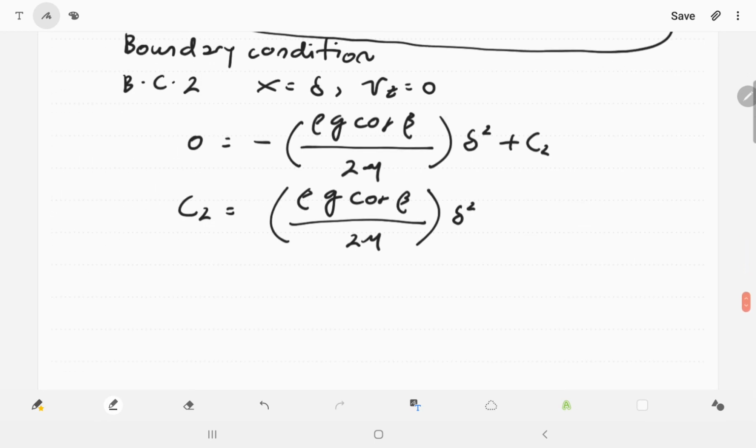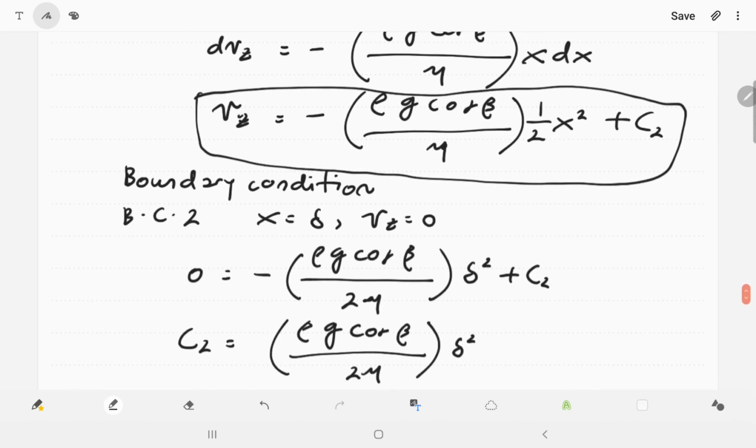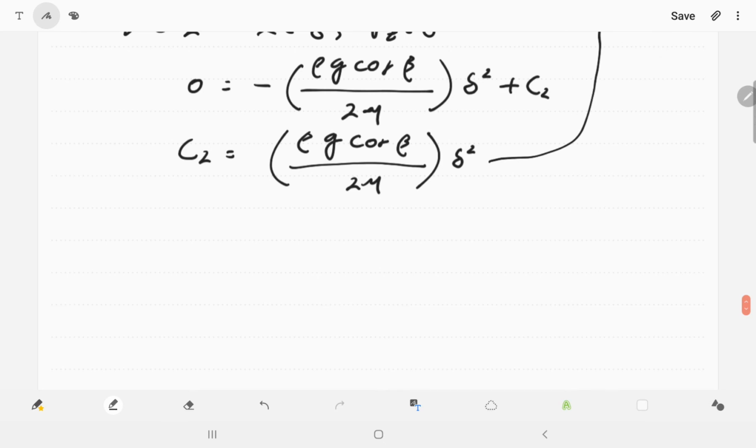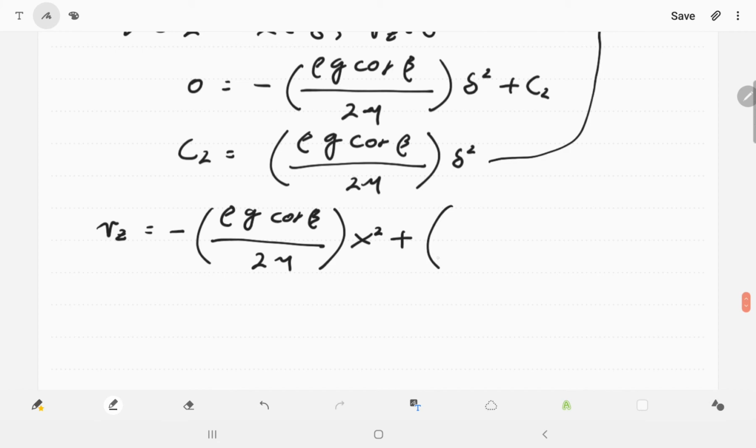And then once we have this, we can put it into here. Then we will get the final expression for the Vz. So basically your Vz will be equal to minus rho g cos beta divided by 2 mu x squared plus rho g cos beta divided by 2 mu, this squared.